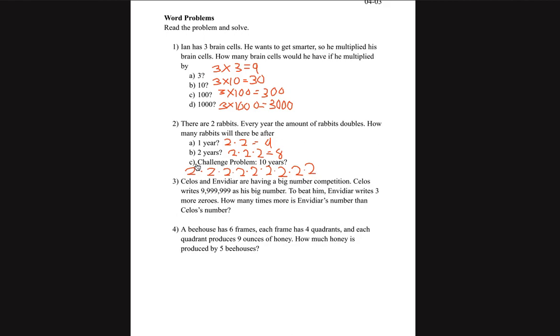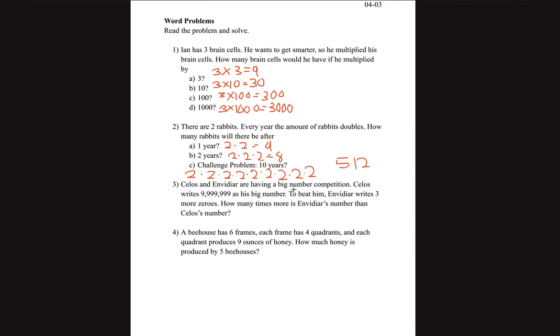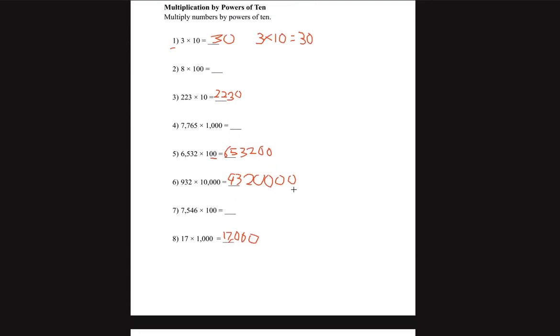It'll be 2 times 2 is 4, then 8, then 16, 32, 64, 128, and then 256, and then 512. So it'll be 512 rabbits after 10 years. Alright, that's it for today's lesson, and see you guys next week.